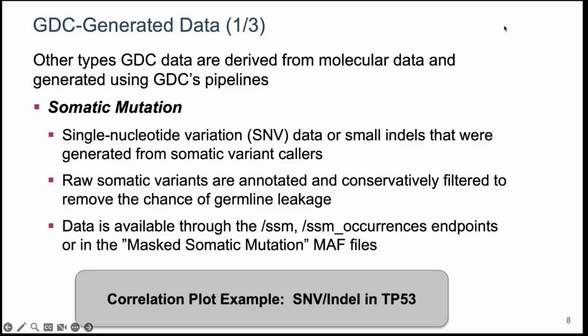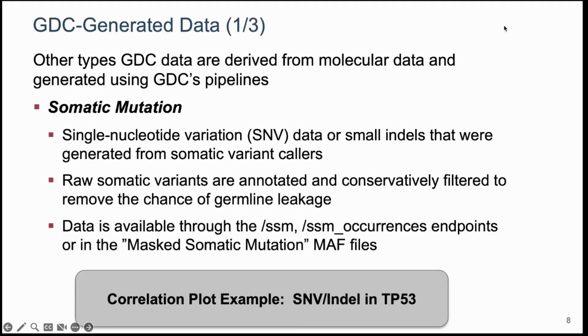So first I want to talk to you about somatic mutations. These are SNV data, or sometimes small indels, that were generated from somatic variant callers. In the GDC, you might hear it called SSM for simple somatic mutation, and that just includes SNVs and small indels.